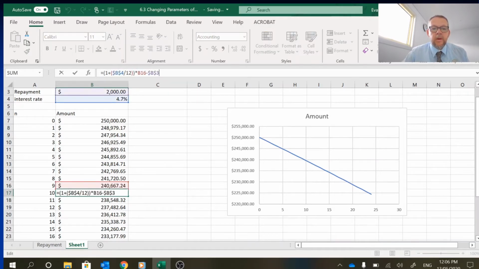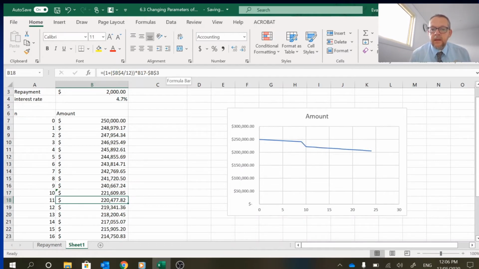And sometimes we might want to put in an extra on our home loan. So maybe Grandma gave you $20,000 in her will, and you can see that that has dropped down quite a lot. So I've got the scale changing automatically there, but we've got a big repayment drop from 240 to 221,000 there.